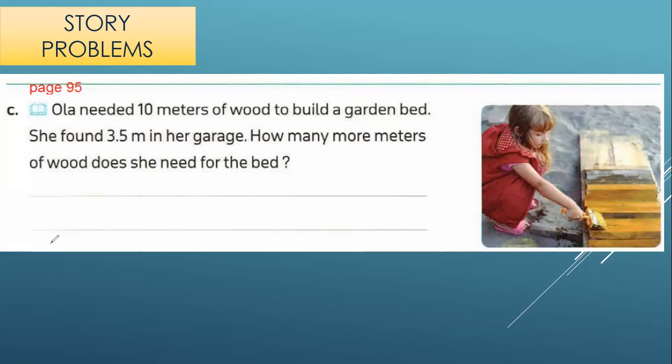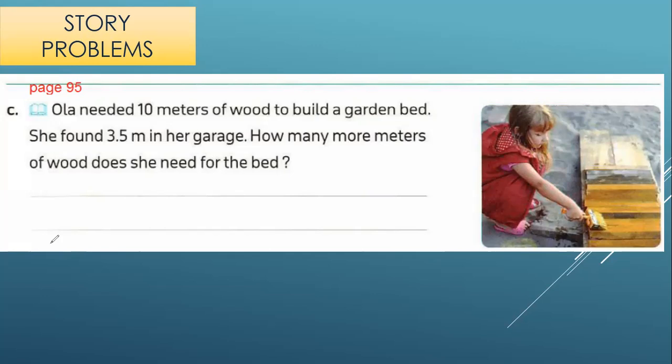Ola needed 10 meters of wood to build a garden bed. She found 3.5 meters. How many more meters of wood does she need for the bed?